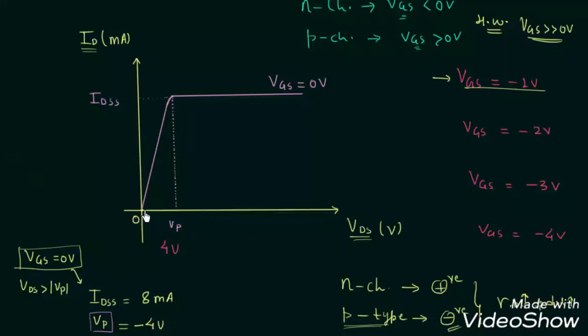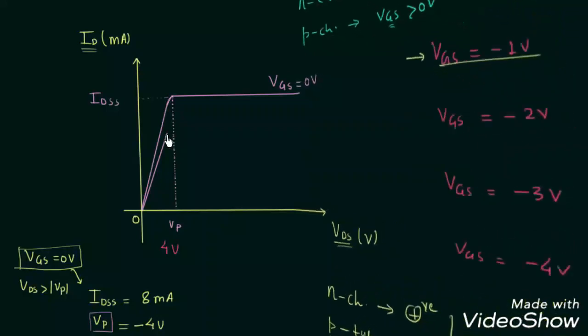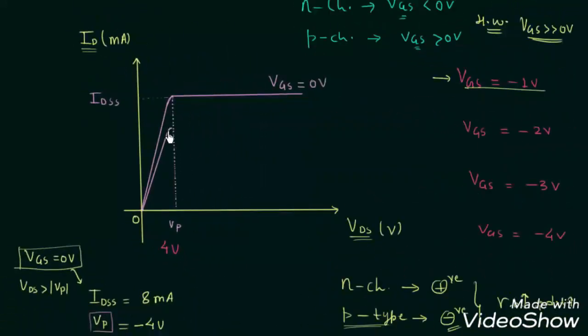Initially when VDS is equal to 0, ID is also equal to 0. After that it will increase linearly like this. But the pinch off voltage we will have early. The x coordinate of this point is the pinch off voltage in case number 2, and if you increase VDS more, the drain current will become constant like this.